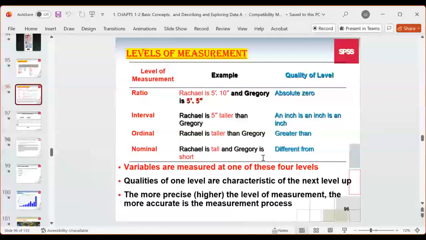Okay, so we know Rachel is taller. Interval, you can tell that you have some kind of measurement. Rachel is 5 inches taller. But we still don't see the big picture. Ratio tells us about it. It pinpoints that Rachel is 5 foot 10 inches, and Greg is 5 foot 5 inches. So you can see how accurate ratio is.